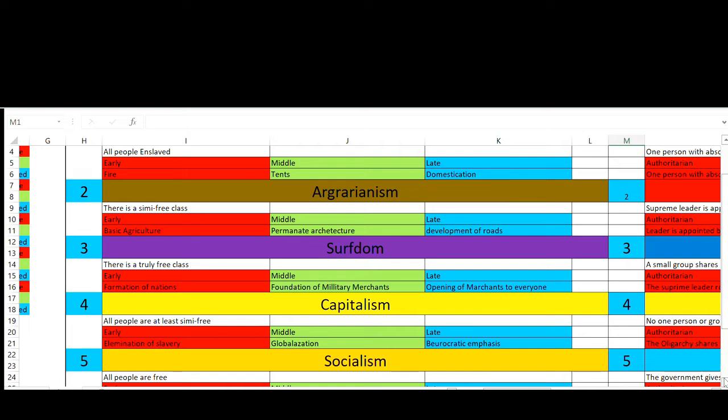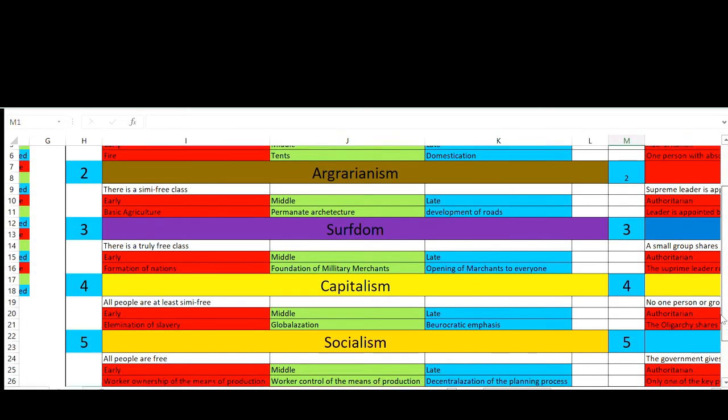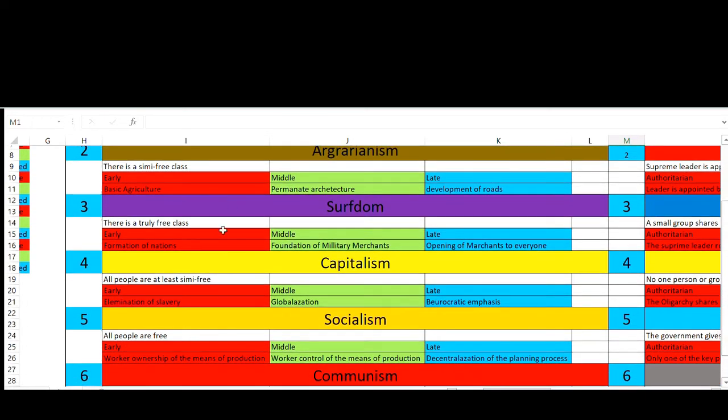So now we move on from the second stage to the third stage. Now the third stage is serfdom. Typically when people think of serfdom, what do they think of? Well, serfdom is really just economic feudalism. All right? It's the economics of a feudal society. So under serfdom, there is formed a truly free class. Under serfdom, there is an enslaved class at the bottom, a semi-free class in the middle, and a truly free class at the top.